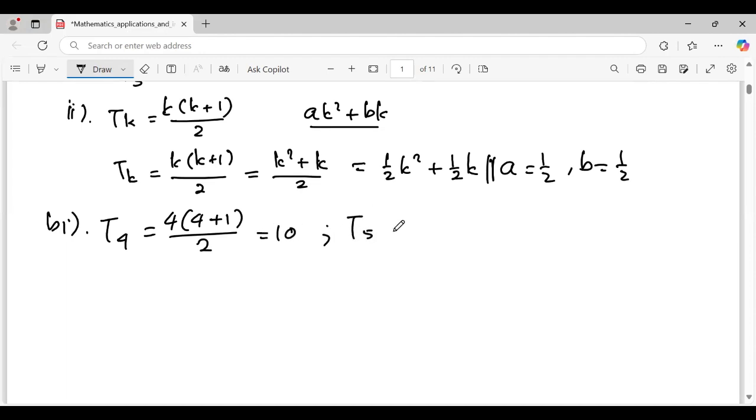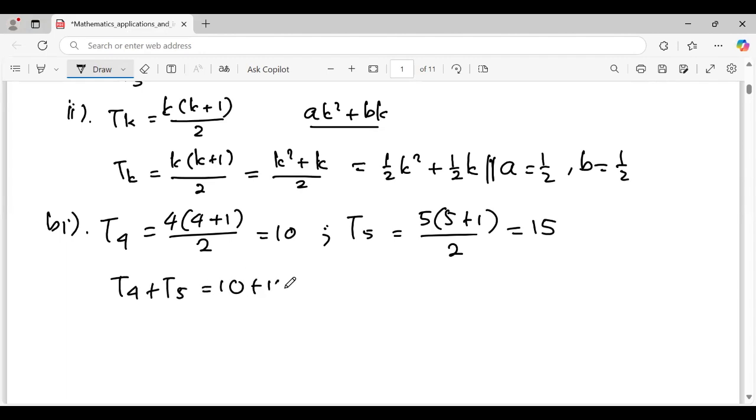And T5 is 5 times 5 plus 1 divided by 2. It is 15. So T4 plus T5 equals 10 plus 15, which is 25.